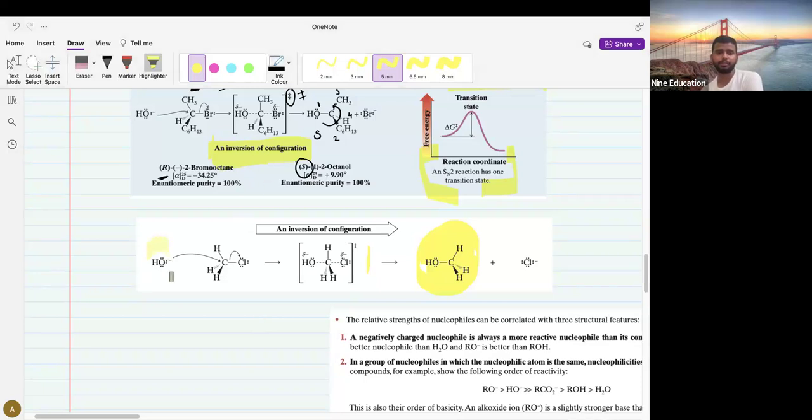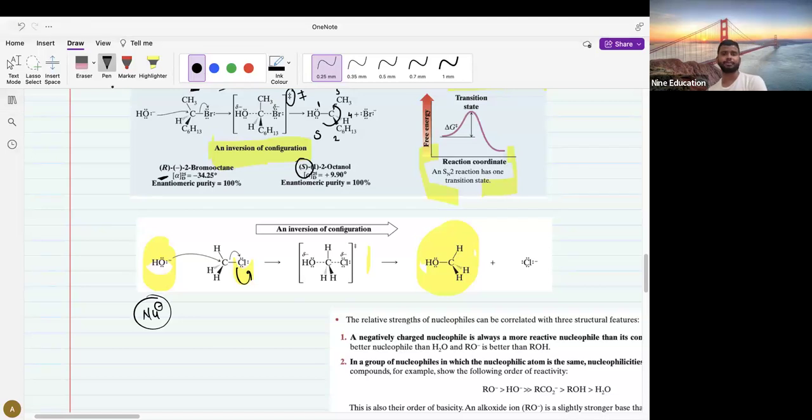Mechanism क्या होता? OH minus will come, attack on carbon and remove the Cl minus. So any nucleophile can come and attack on carbon to remove Cl minus. समझ रहे कि नहीं आप? Simple hai, nothing a bit difficult it is.